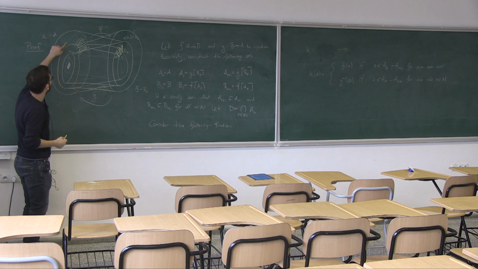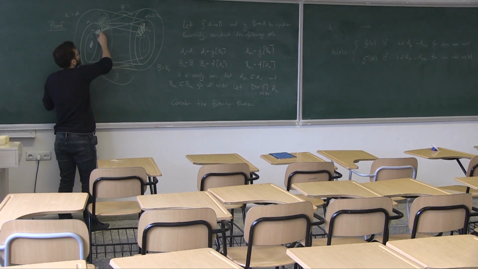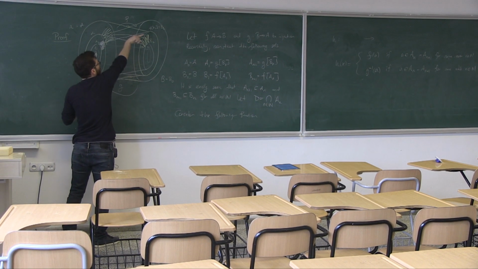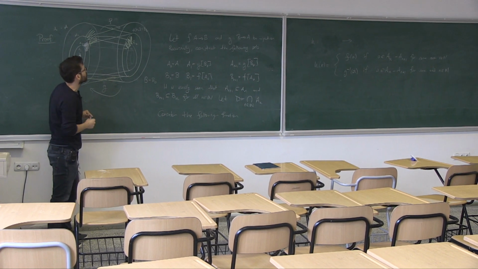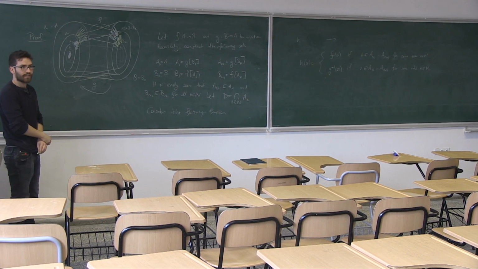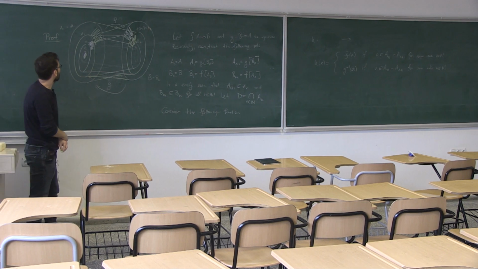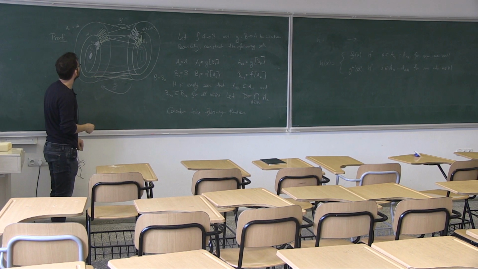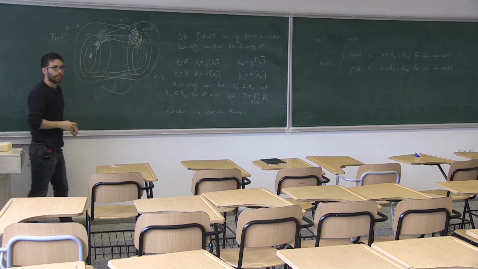Let's choose an odd number n. 1. 1 is odd. So stuff in A1 minus A2 is mapped over there via g inverse. What's going to happen to this guy when you apply g inverse? You're going to get that. Okay? You're going to get this part.